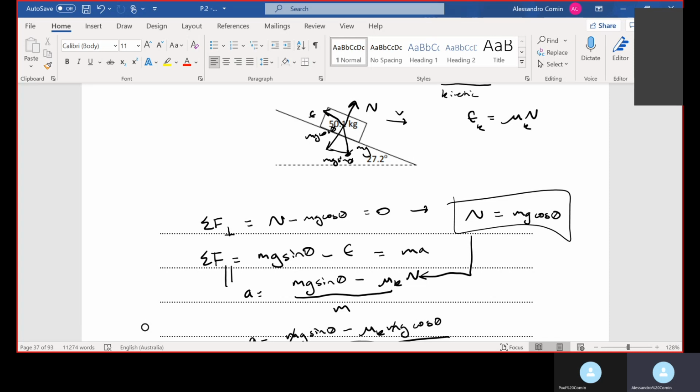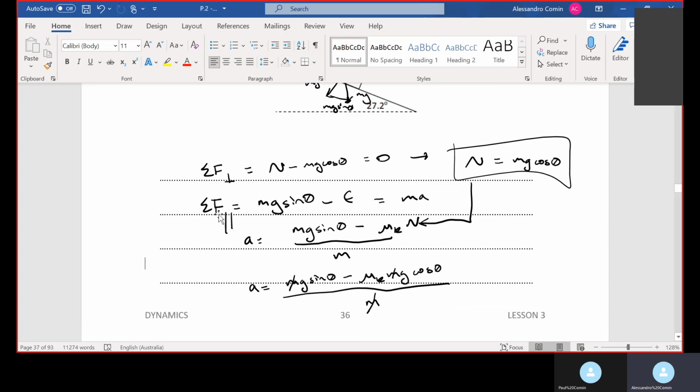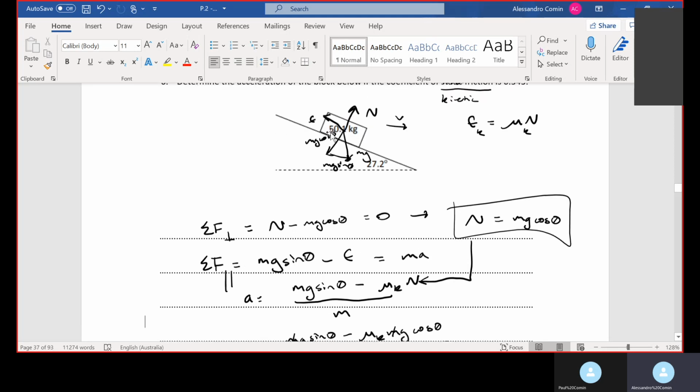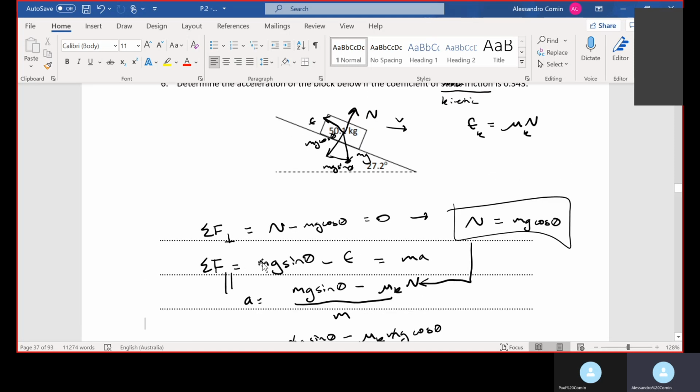I think it's very logical how this question worked. Sigma F parallel is force down minus force up the slope, which is mg sin theta minus f. And I'm moving, so this has to be equal to a number. We must find the acceleration, so the acceleration is going to equal mg sin theta minus friction on m.